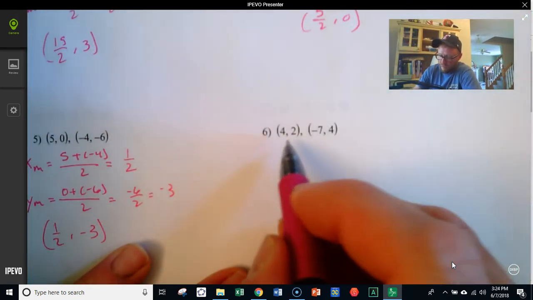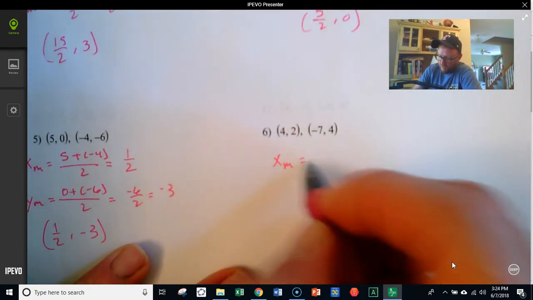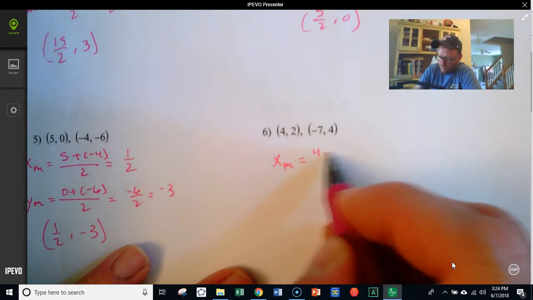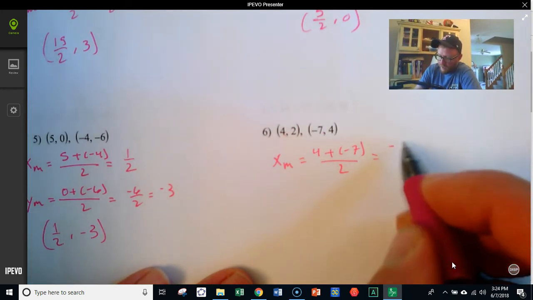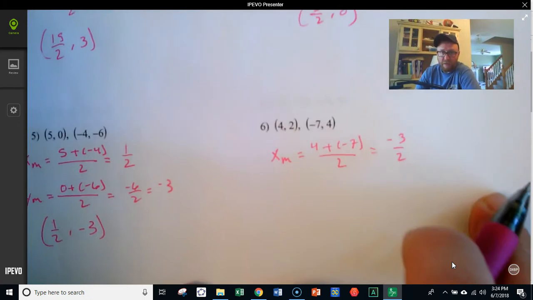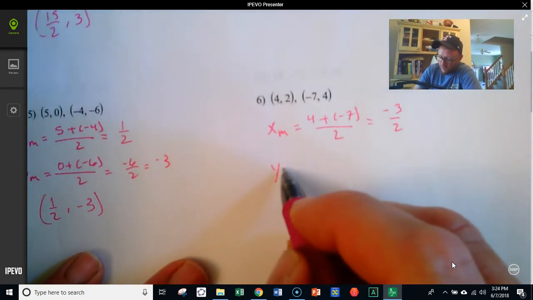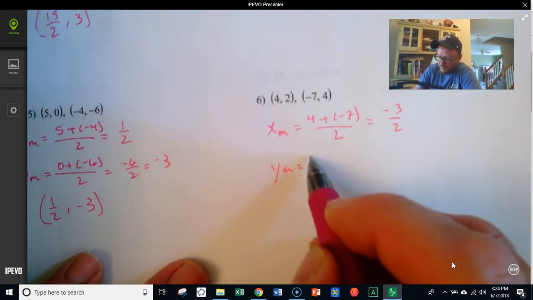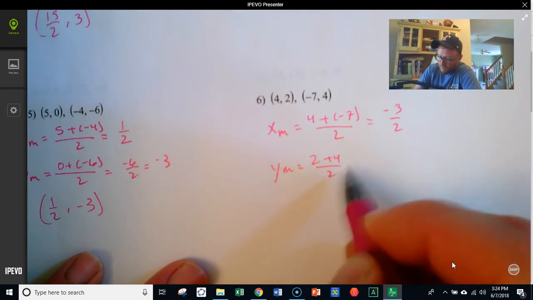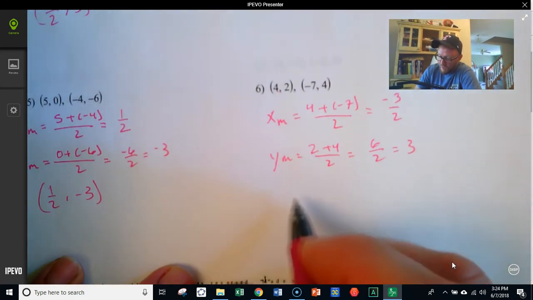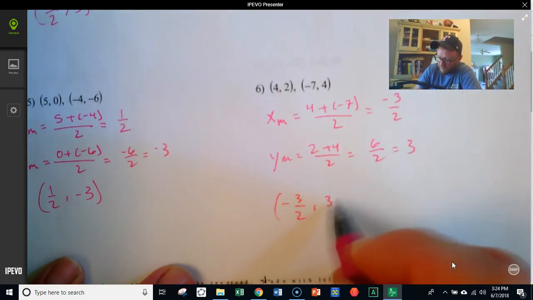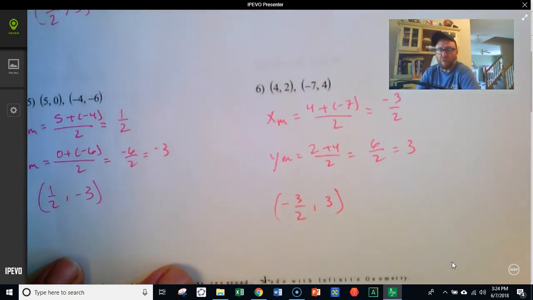Here, we've got our x-coordinate for the midpoint will be 4 plus -7 over 2. That's going to be -3 over 2, -1.5. And our y-coordinate will be 2 plus 4 over 2, which is 6 over 2, which is 3. So we have negative 3/2, comma, 3.